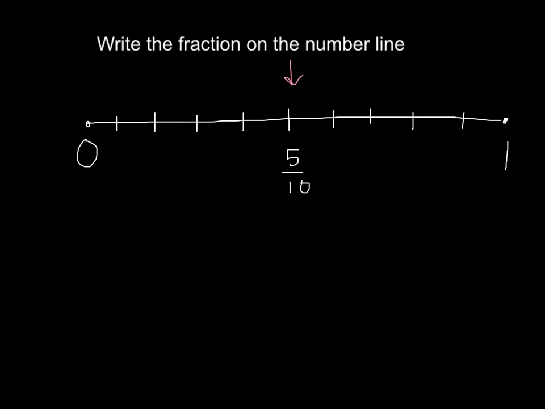Starting from left to right, I have divided this number line into different sections. Each section is going to be worth a tenth. So starting from the left, this first one is going to be 1/10, 2/10, 3/10, 4/10. 5/10 has been named, which is also the same as 1/2.